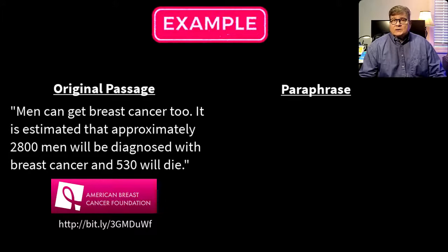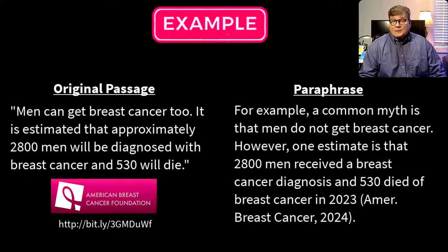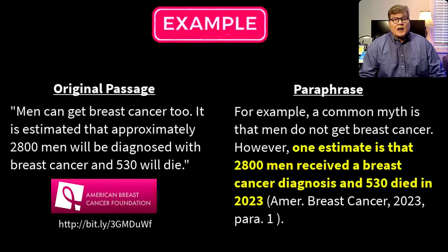So the student did a good job paraphrasing the passage. And here it is. For example, a common myth is that men do not get breast cancer. However, one estimate is that 2,800 men received a breast cancer diagnosis and 530 died of breast cancer in 2023. So the citation is given to support the claim is back to the National Breast Cancer Foundation published in 2023.